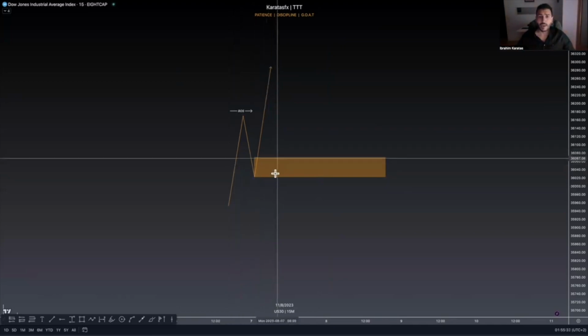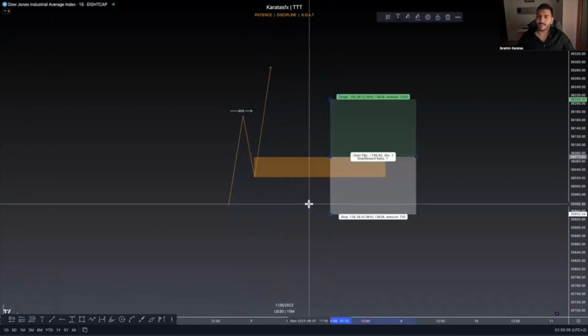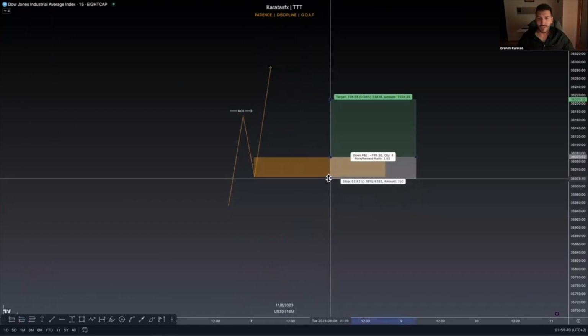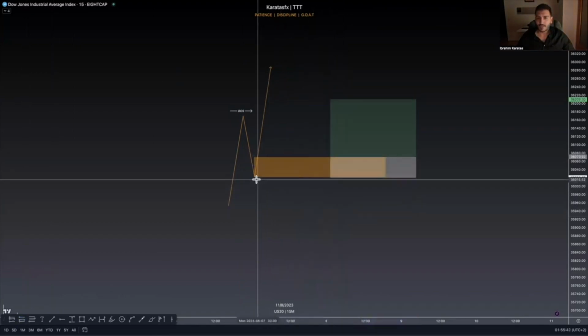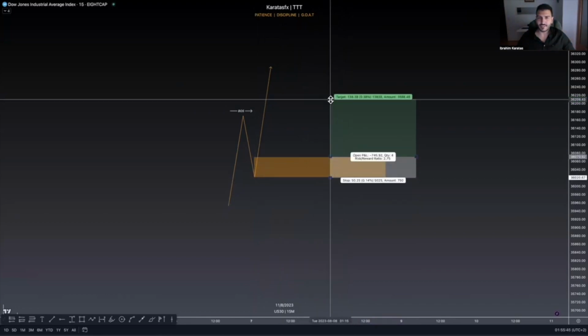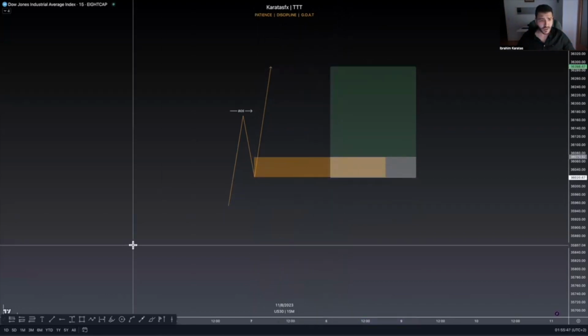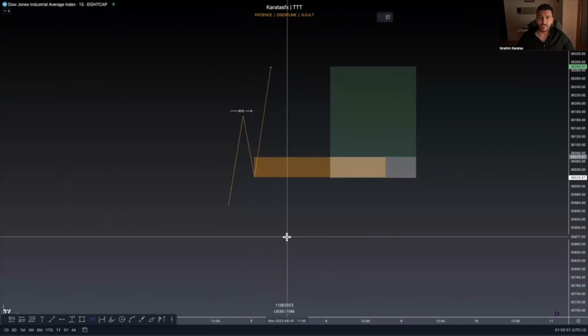As you can see, the aggressive entry type is setting a limit at the top of the demand zone, with the stop loss a little bit below the demand zone. If the market comes in, you're automatically in the trade.